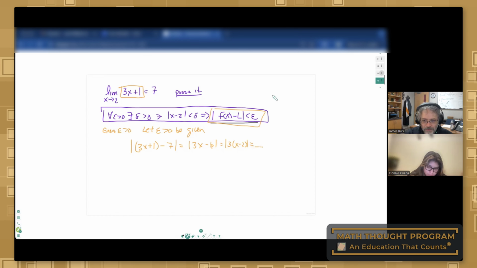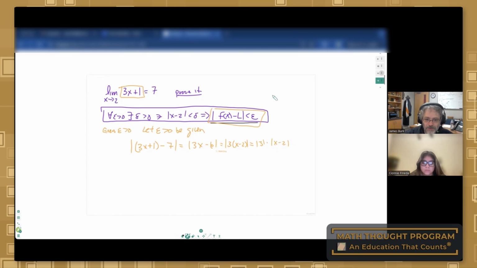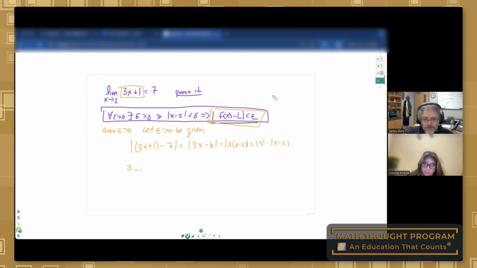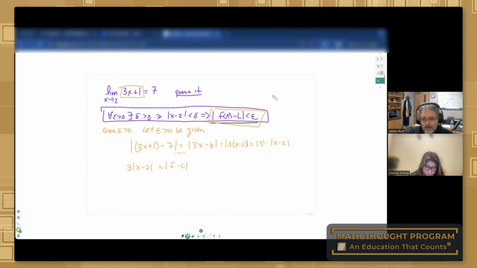Apply the definition, the properties of absolute value, and the absolute value of 3 is just going to be 3. So in other words, 3 times the absolute value of x minus 2 is going to correspond to f minus L. What is that right there telling us?